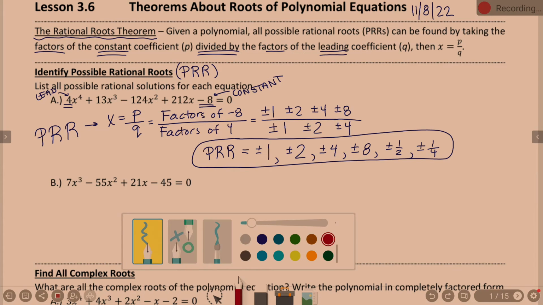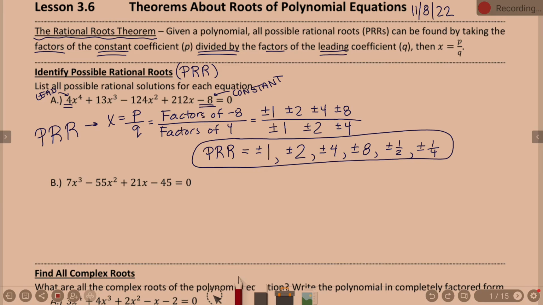Okay, you ready to try B? We're being asked to list all possible rational solutions. I should have made that roots right there. So, PRRs. Officially, I'm going to tell you to think x equals p over q.